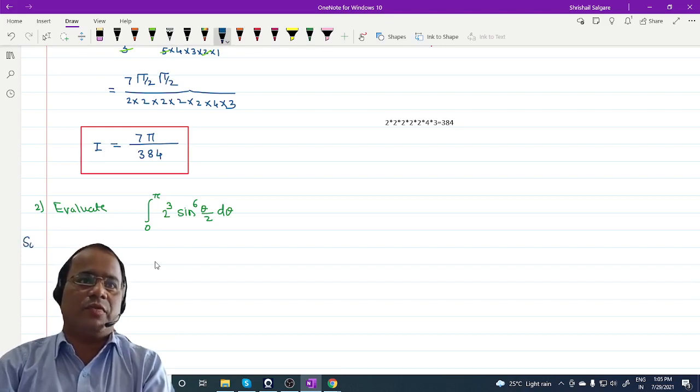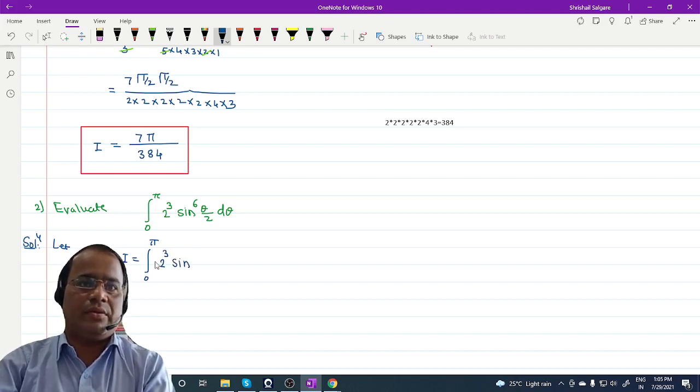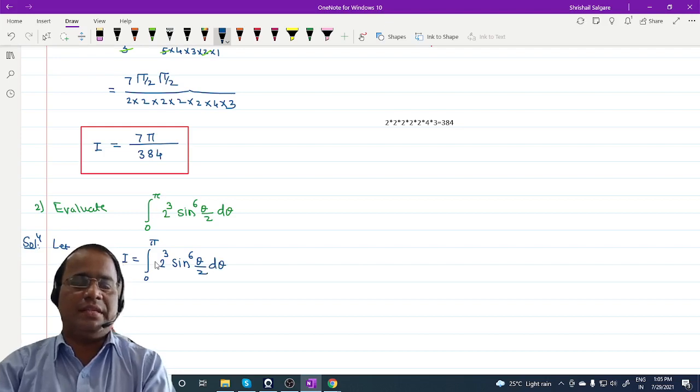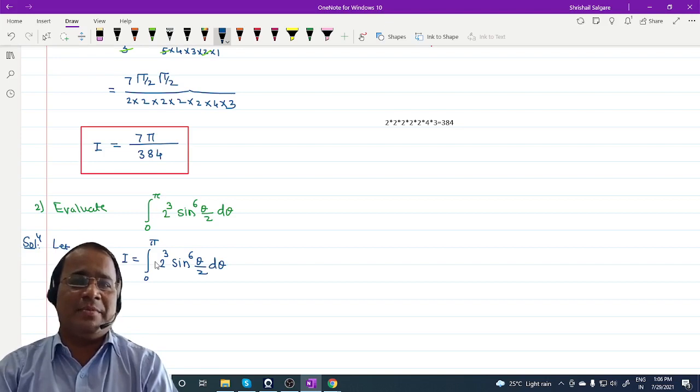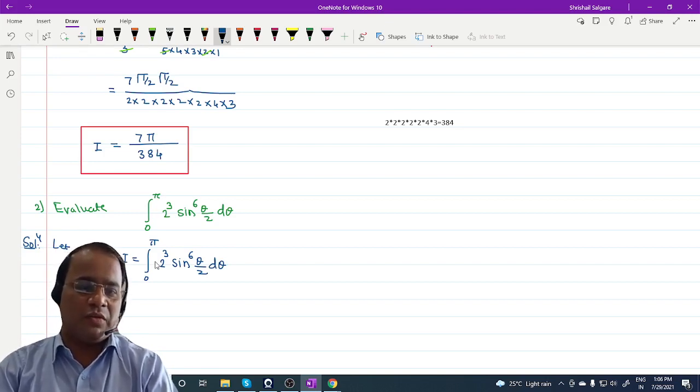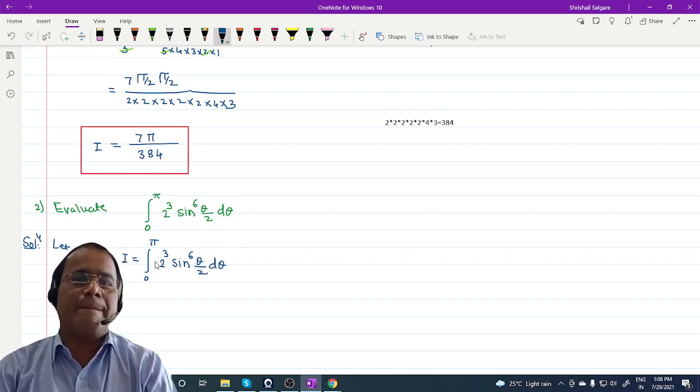Now from your end, tell me the steps. First step: let I be equal to the integral from 0 to pi of 2 raised to 3 sine theta d theta. Now, when you are using a substitution, you have to think of the limits also. So the limits should also be converted.